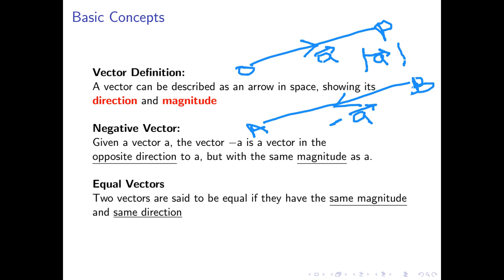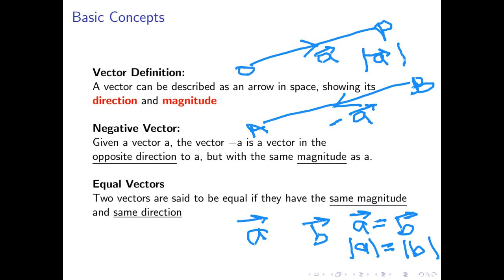Suppose we have vector A and vector B. We're going to say A is the same as B, that is vector A is the same as vector B, if and only if they have the same magnitude, that is the magnitude of A is equal to the magnitude of B, and the direction of A is the same as the direction of B. Then you say vector A and B are equal vectors. These are basic concepts that we need to understand.